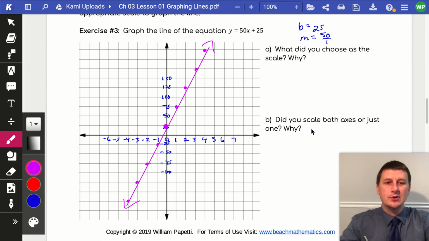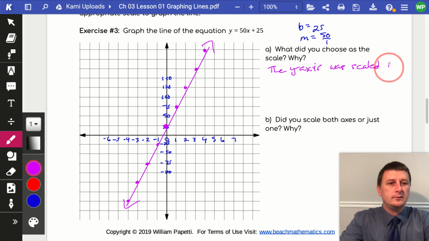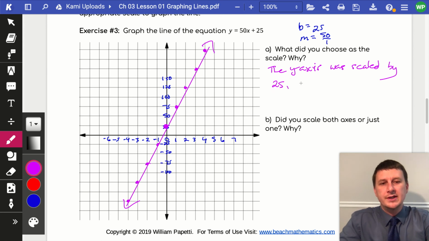What did I choose as the scale for my axis? I chose the y-axis was scaled by 25. Now, probably the reason I chose that was because I had a 25 here and a 50 here.